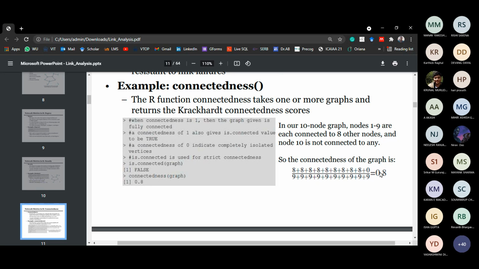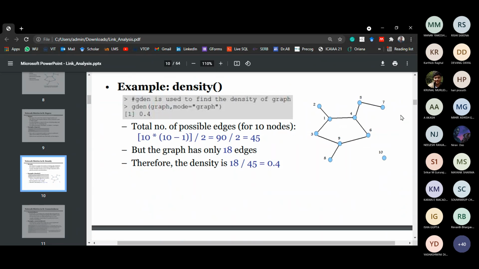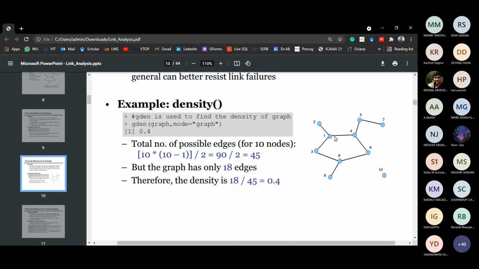This is divided by the sum of the nodes that exist in the graph except the current node. If I take node number 1, how many remaining nodes are there? I have eight connections, plus this 10 also is there because that exists in the network. I'm assuming that this is available in my network, but it is not connected. That was the problem here.